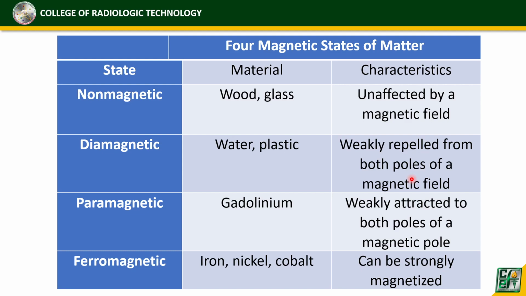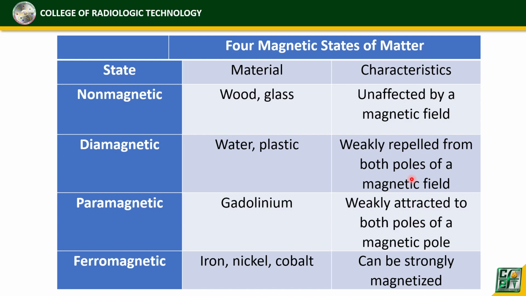So non-magnetic, usually mga materials ay wood and glass. Anong characteristics? Unaffected by a magnetic field. So meaning, hindi siya na-attract sa magnetic field. Hindi rin siya nare-repel sa magnetic field. Okay? Next is diamagnetic. So this type of materials ay water and plastic.